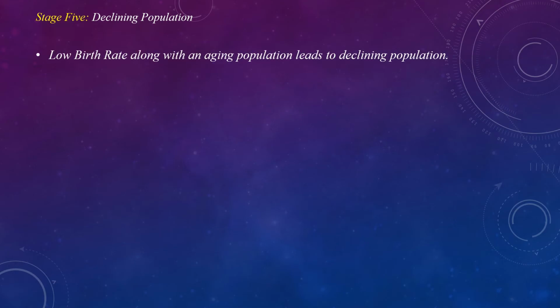Now comes stage 5, which is known as the declining population stage. The main features of this stage are a low birth rate along with an aging population, which leads to a declining population.